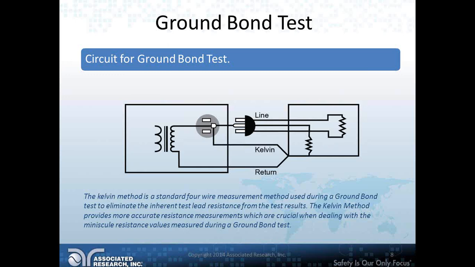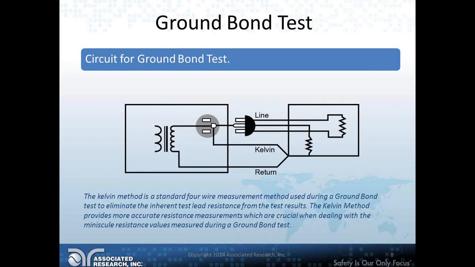As you know, test leads add their own resistance to the entire test system, so it is very important to negate that impedance. The Kelvin method provides a more accurate resistance measurement, which is crucial when dealing with minuscule resistance values measured during a ground bond test.